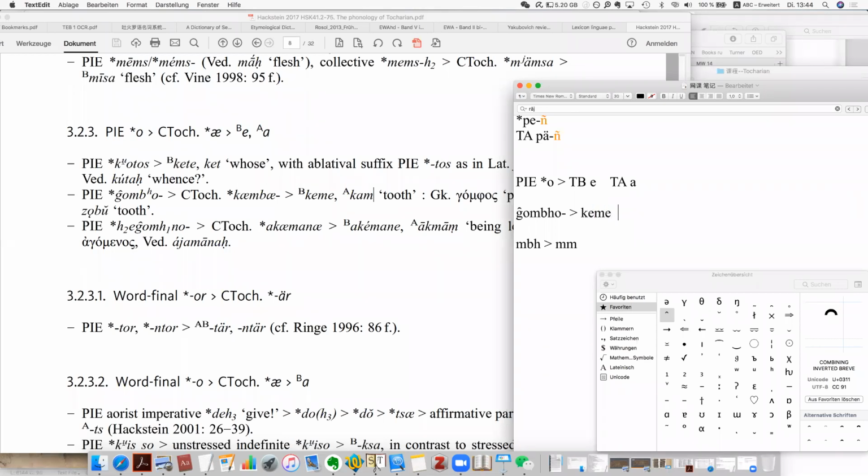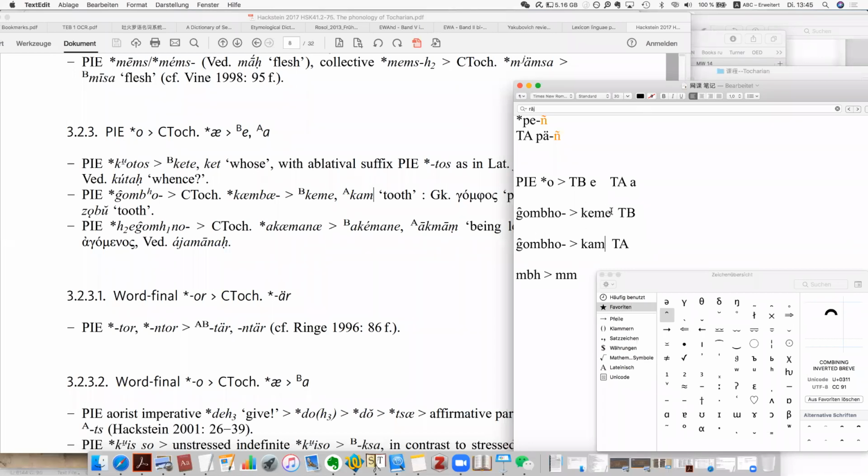So this is the TB form, right? But the TA form, we write it again. So for the TA form, again, g to k becomes voiceless, and then o becomes an r, and then this is also assimilation here, but the final consonant is dropped in Tocharian A, so you don't have the final consonant.